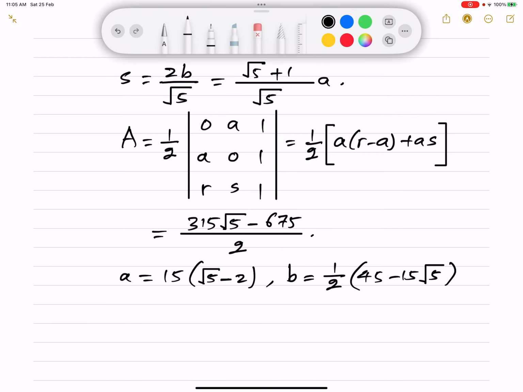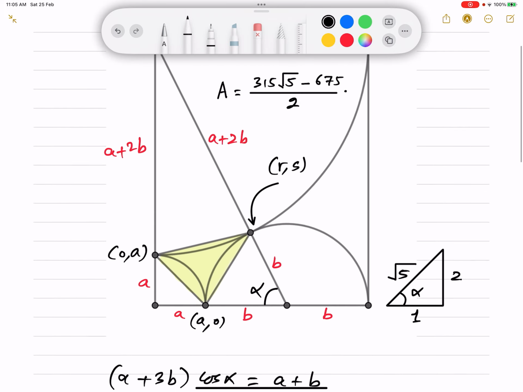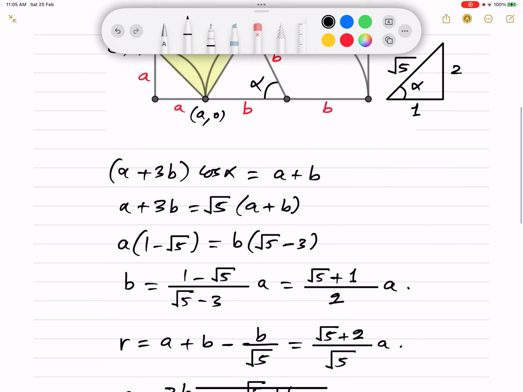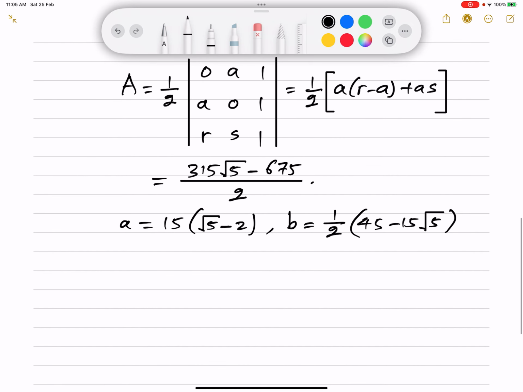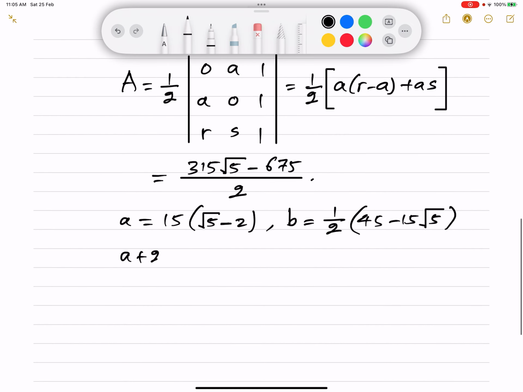And from that, of course, the width and the length of this rectangle is a plus twice b, so a plus twice b is going to be equal to 15, and that is the radius of the big circle, and the height, or let's say the length of the rectangle, is basically equal to twice a plus b.